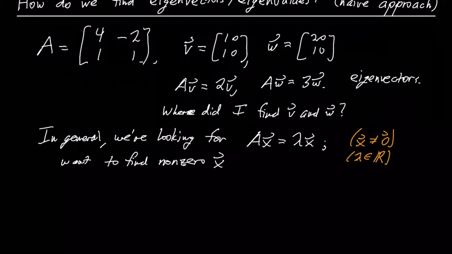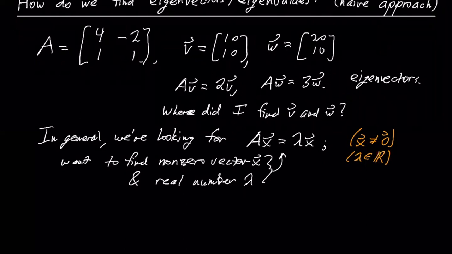We want to find a non-zero vector x and a real number lambda satisfying this equation. That's the goal, right?